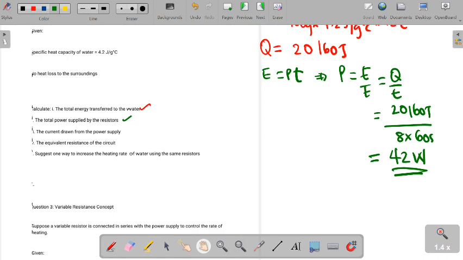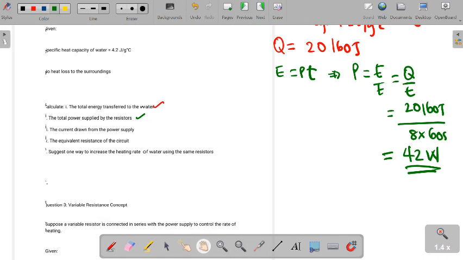Now, what I was saying is missing is this one. It says calculate the current drawn from the power supply. And what we're not given is the voltage from the supply. So let's assume that the voltage from the supply is the same as the previous question, which was 20 volts. They want us to find current drawn.